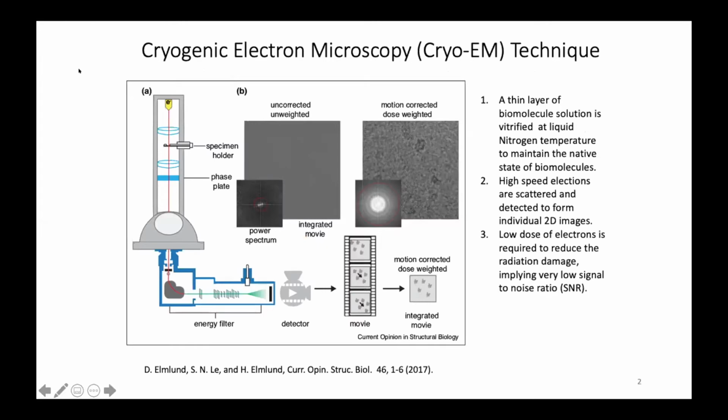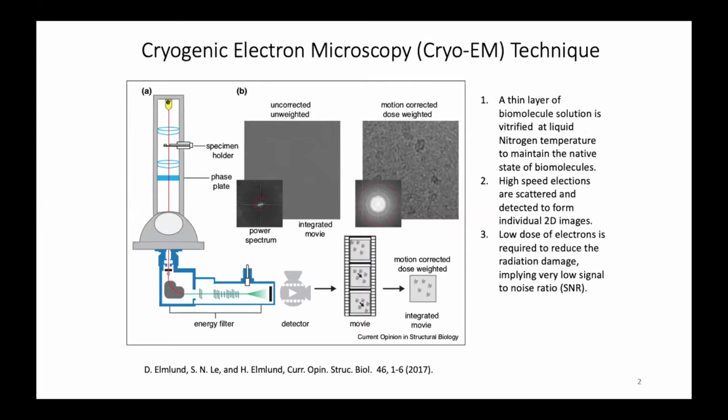Traditionally, crystallography is the popular way to obtain the 3D structure of biomolecules such as proteins. Cryo-EM was invented in the 1970s and became popular recently. In short, a high-speed electron beam goes through a thin layer of biomolecule solution, which is vitrified at liquid nitrogen temperature.